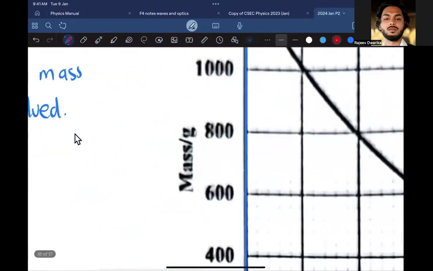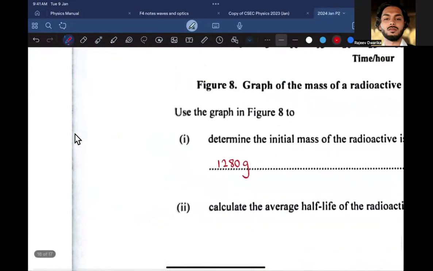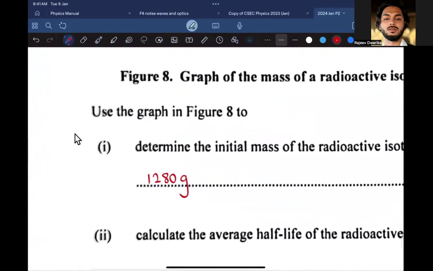When they give the answer, you have to give it in what? Remember, in physics we only deal with SI units. So 1,280, we have to convert that to kilograms. How do I convert grams? Divide by 1,000, and you get 1.28 kg.